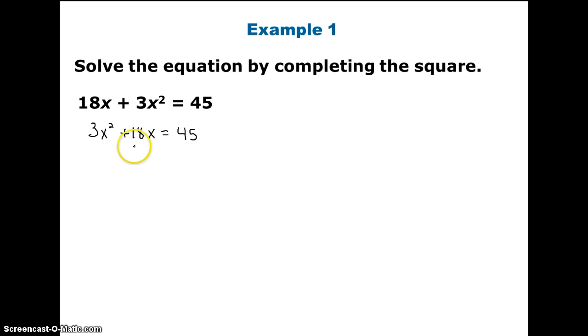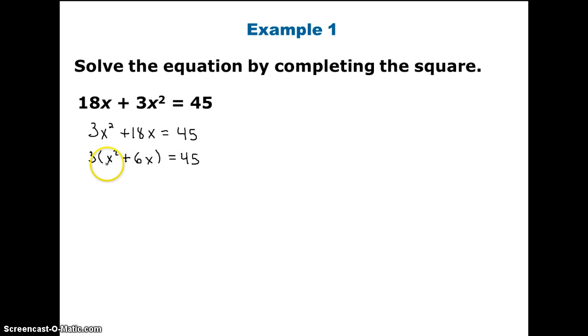To make a equal to 1, whatever number you have there, you factor that out. If you have a negative, you factor that out too. So let me take out the 3 here. So we have x squared plus 18 divided by 3, that's 6x, equal to 45.